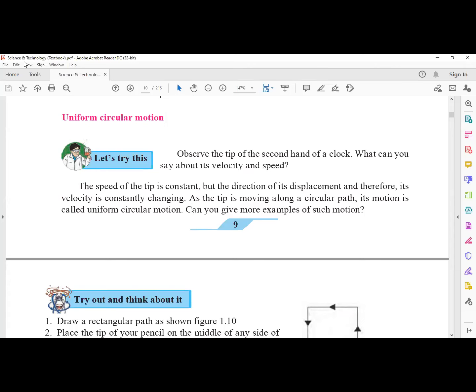Where can you observe uniform circular motion? Giant wheel, very good. Merry-go-round. Yes, merry-go-round, where you can observe this uniform circular motion.